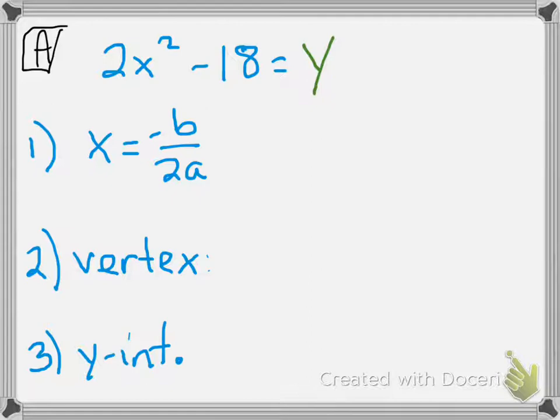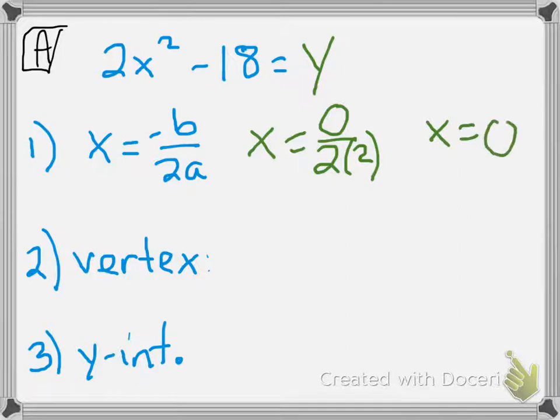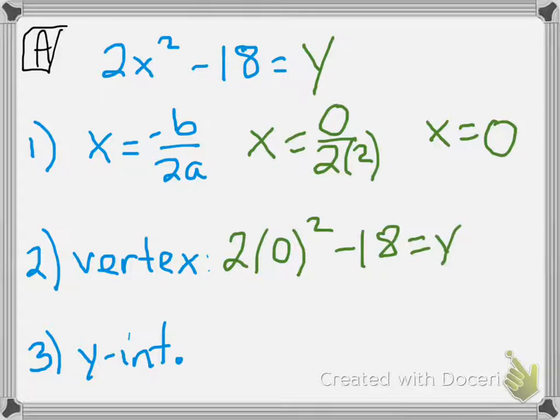So first step, as always, find the axis of symmetry. So x equals negative b. We don't have a b. 0 over 2 times 2, our x equals 0. Our axis of symmetry is 0. Let's use that to find the vertex. 2 times 0 squared minus 18 equals y.